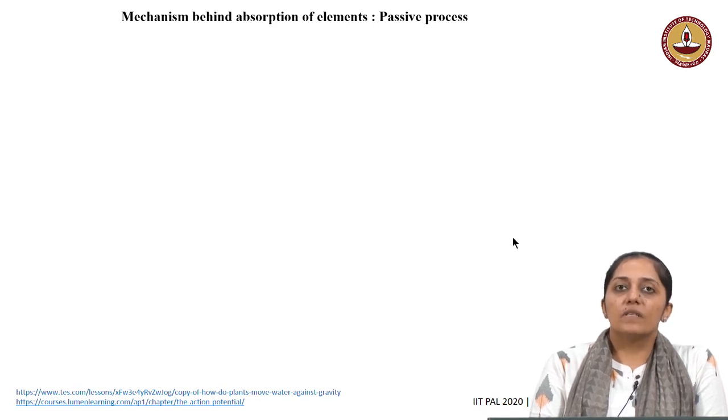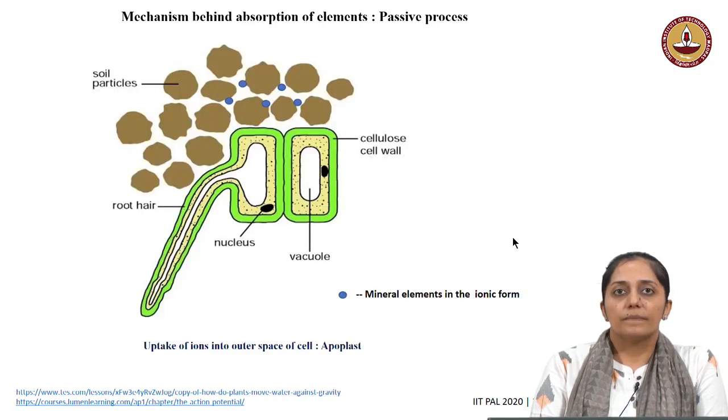Now, let us see what is the mechanism behind the absorption of elements. If you see the picture on the slide, there are two main mechanisms by which these essential elements are absorbed by the plant.